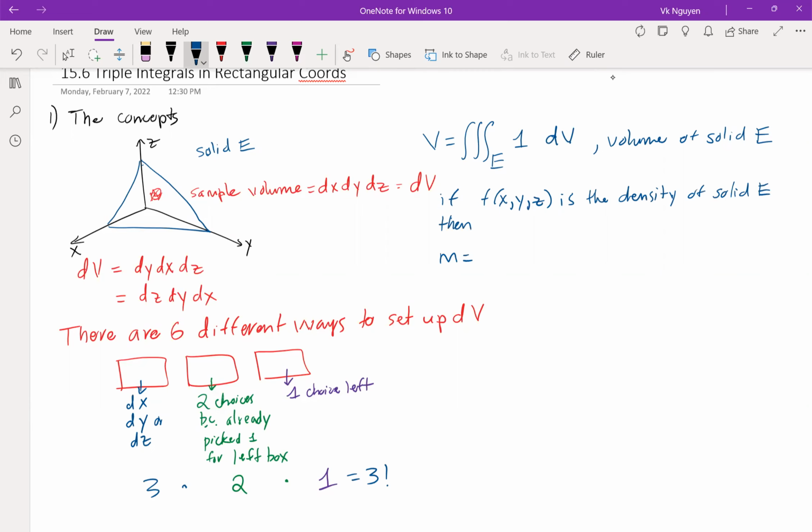Mass is the triple integral of density times volume, summed up over the solid E. So we have 2 things here: one of them is the volume, the other one is the mass of solid E. That is what triple integrals are used for.